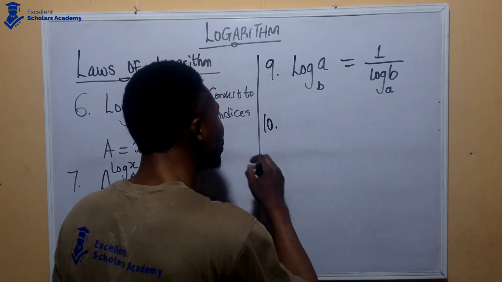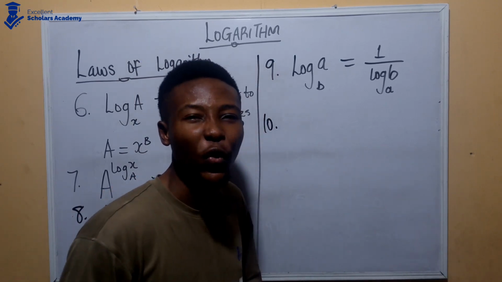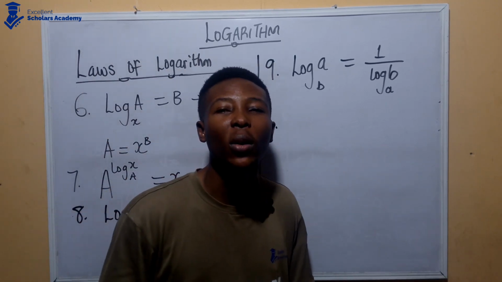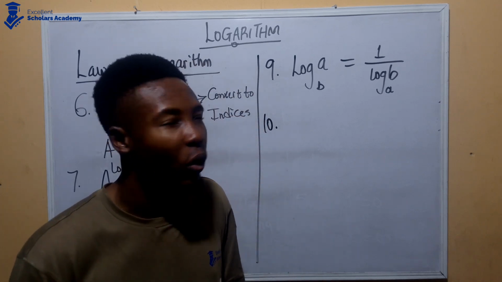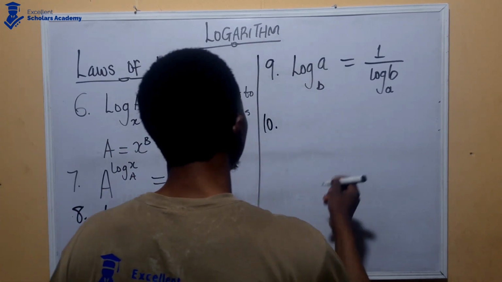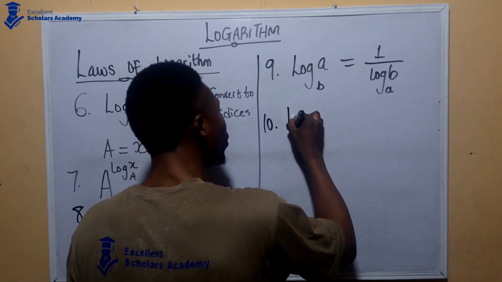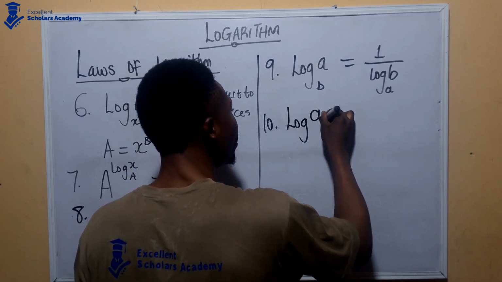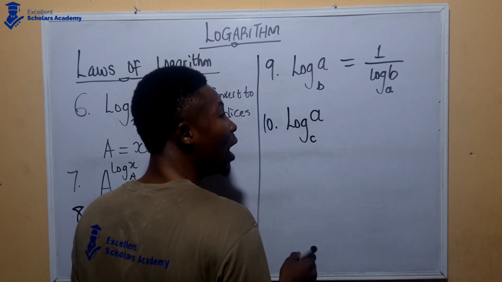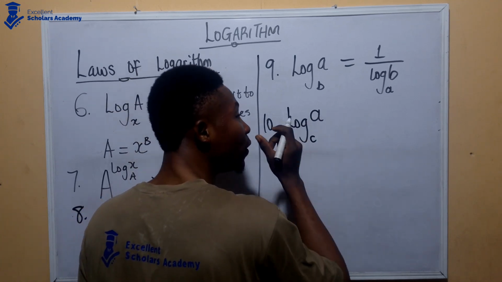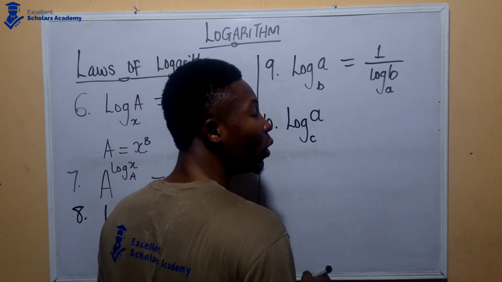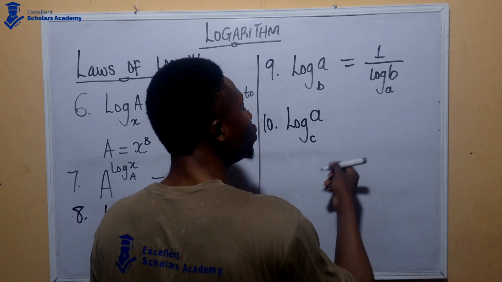Now another law is called the change of base law. When you have a logarithm, let me say log a base c, and a and c are not favoring each other, you can change the base to a favorable base.